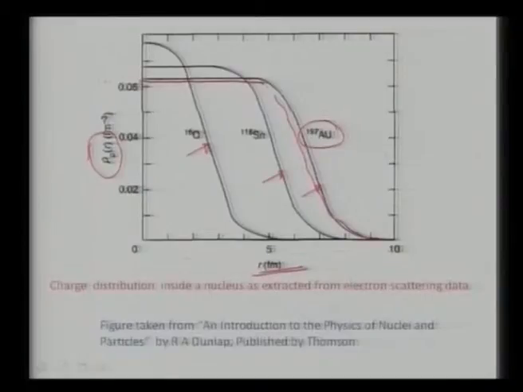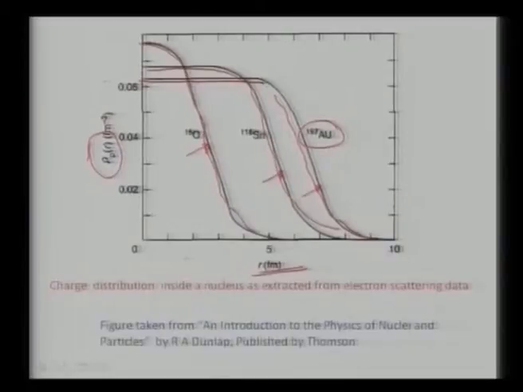Similarly, for tin 118, you can see a graph here, from the center it is constant up to some distance, and then it starts falling. Similarly, for oxygen 16, you can see it goes like this and then it falls.